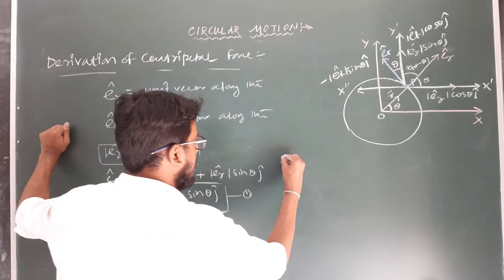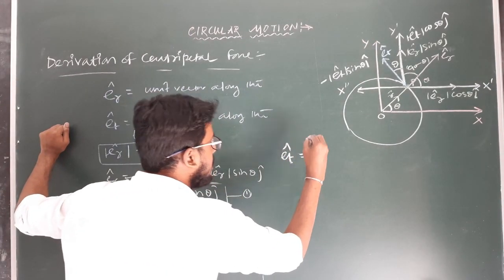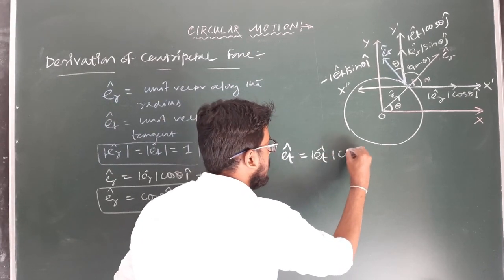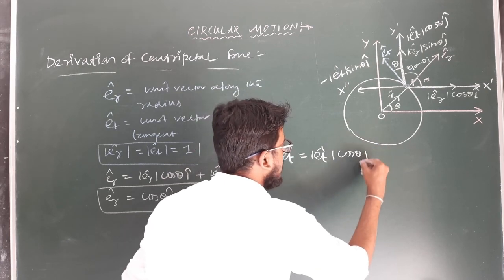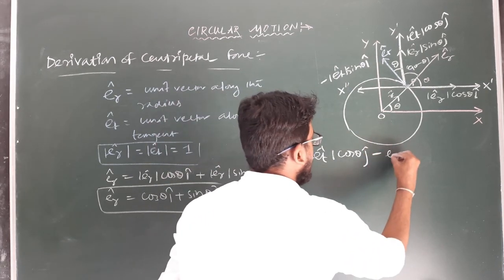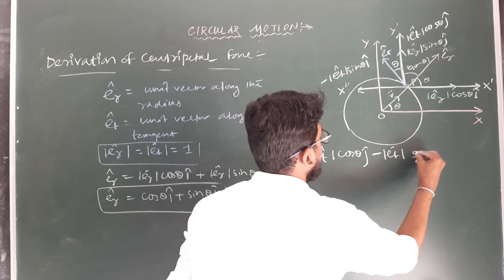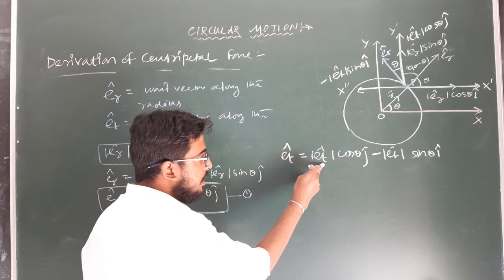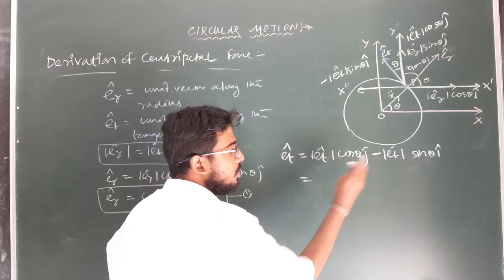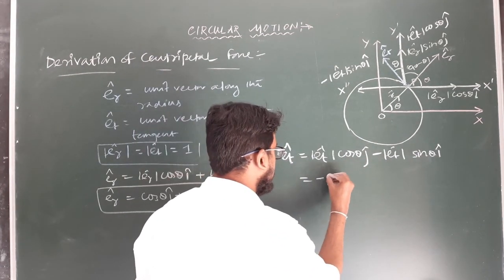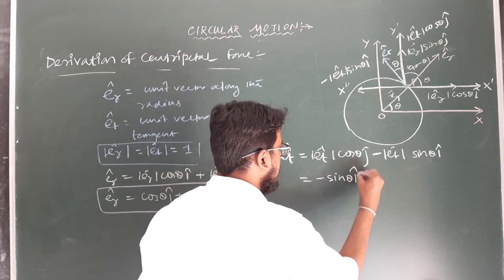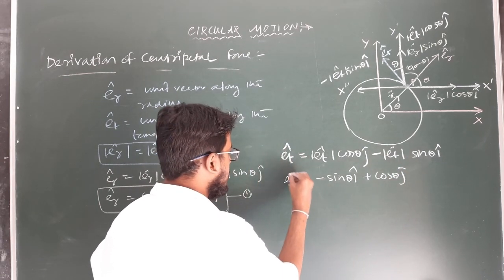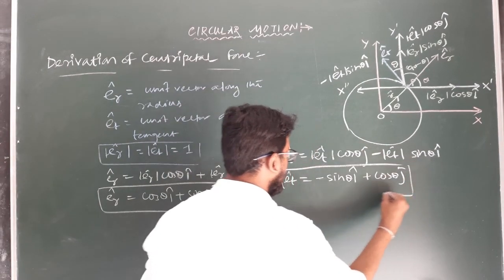So I can write the et unit vector as |et cap| cos theta j cap minus |et cap| sin theta i cap. By rearranging, as both are unit vectors, the magnitude will be 1, so it will be minus sin theta i cap plus cos theta j cap, which will be et cap. Clear? Let it be equation 2.